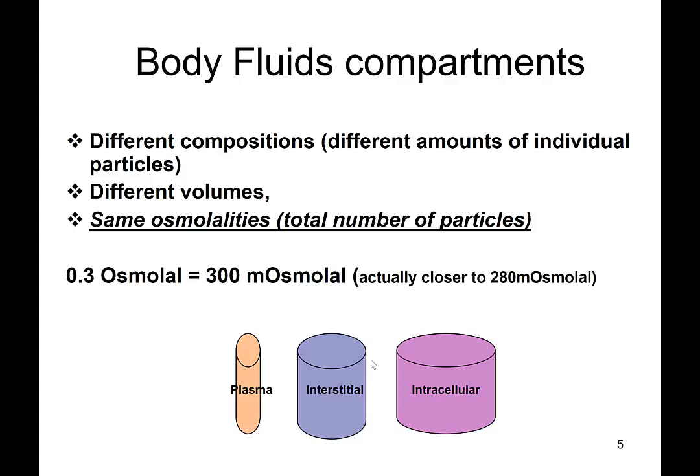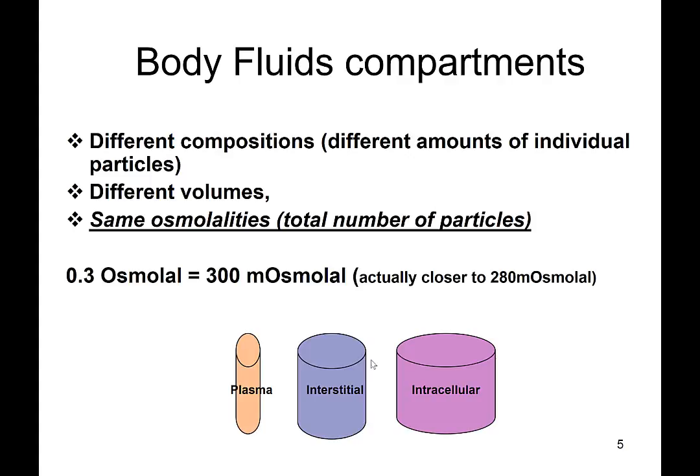So if I were to tally every solute, everything that's dissolved in intracellular fluid, just add it up and divide that total number of particles by the volume of that compartment, then if I were to add up all the particles in, say, the plasma, and divide that number by the volume of plasma, I should get the same number for both of those division problems. So we have to have the same number of particles per unit volume. The concentrations, if you will, have to be the same.